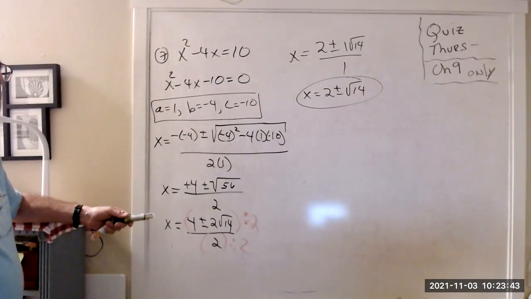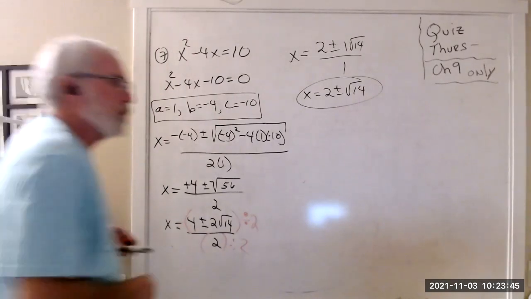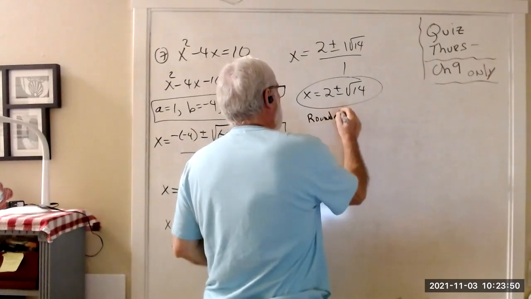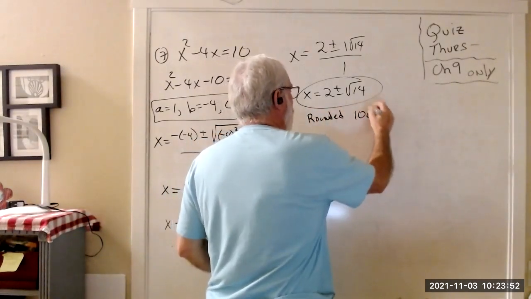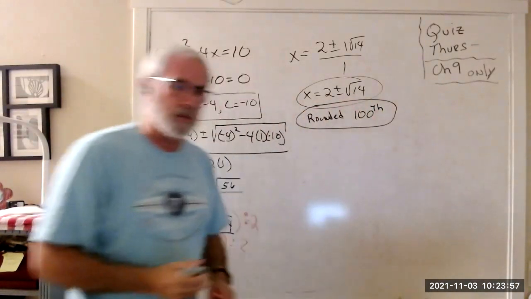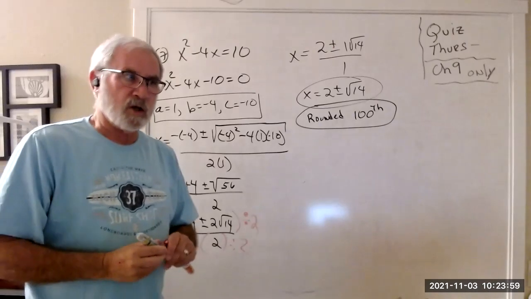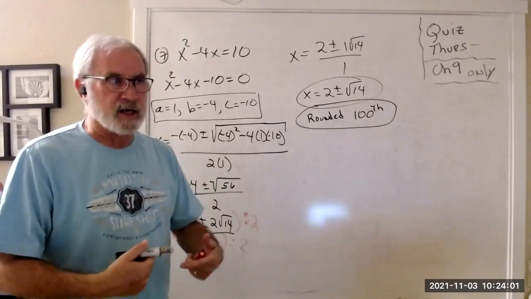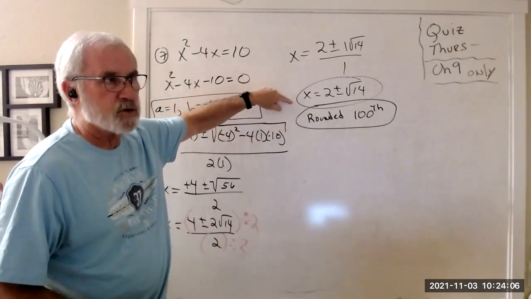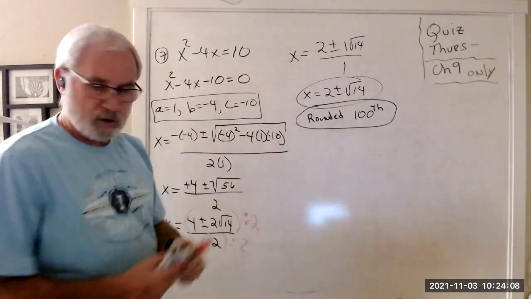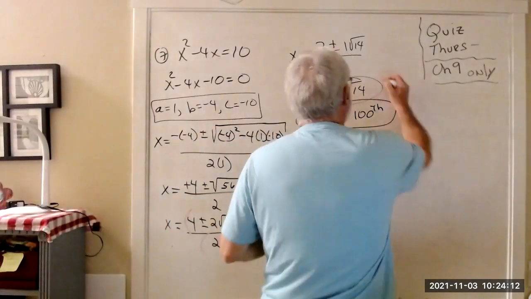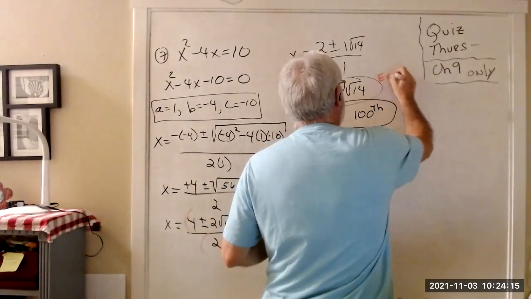But what if I said I wanted my answer rounded to the nearest hundredth? We're going to be doing several word problems in both chapter 9 and 10 that have you go through all this stuff and then round your answer. This is called the exact answer.